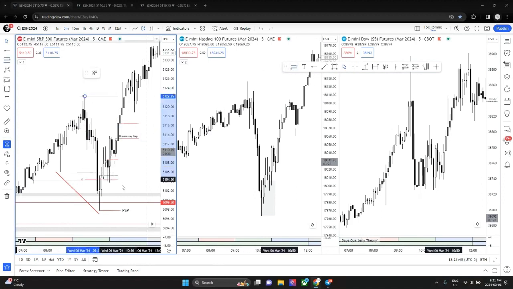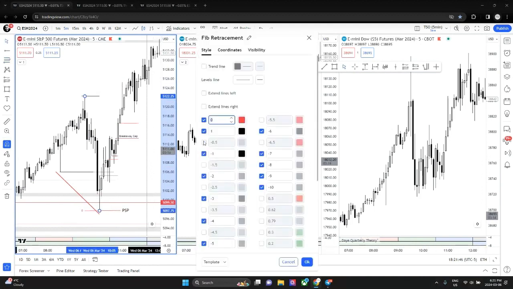If you take your fibs and, where is it? Can't find it anyways.